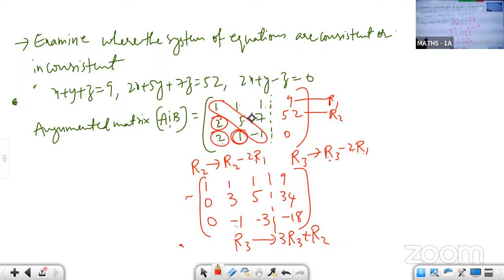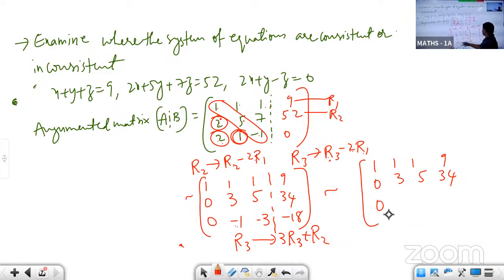What is that operation I am going to get now? Here only I am writing, equivalent to, so 1, 1, 1, this is 9 as it is, 0, 3, 5, 34 as it is. Now have a look. 0.